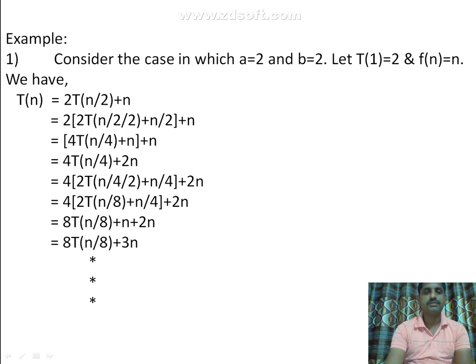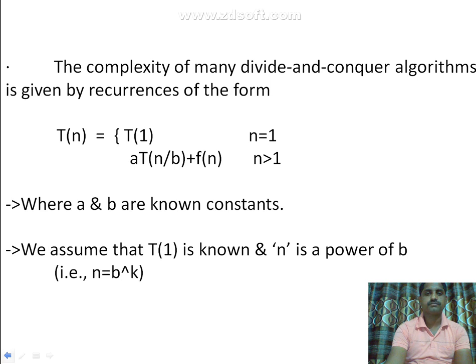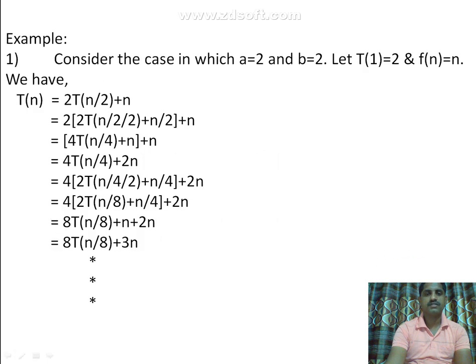Here we use the substitution method. One of the methods for solving any such recurrence relation is the substitution method. This method repeatedly makes substitutions for each occurrence of the function on the right-hand side until all such occurrences disappear. So with a = b = 2, T(1) = 2, and f(n) = n, we get T(n) = O(n log n).